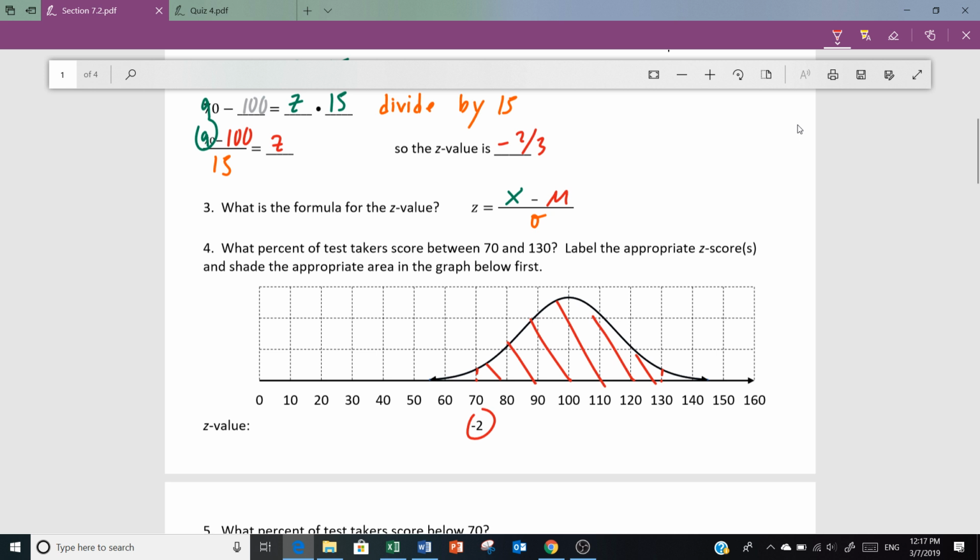So let's go ahead and fill in what the other z-value is and then identify the percentage of values between 70 and 130. You can use the z-value formula. If you already know what the z-value of 130 is, that's fine as well. You can use the empirical rule at this point because we haven't typed anything in yet.